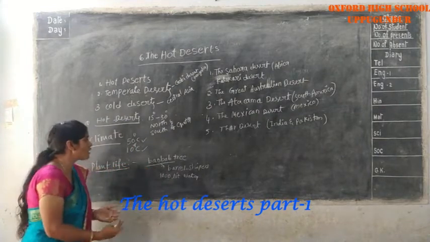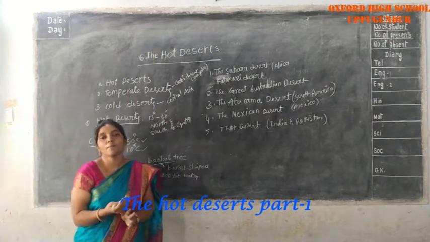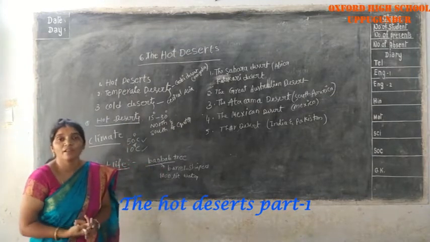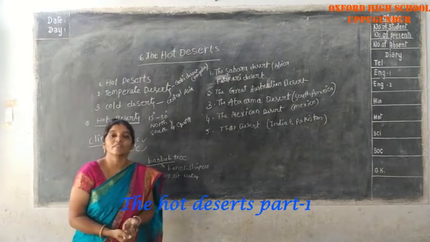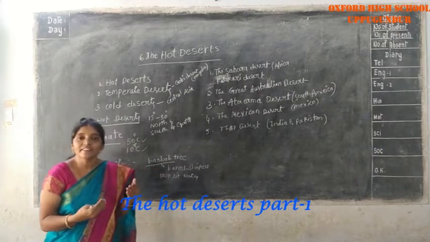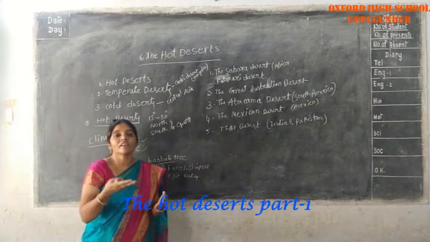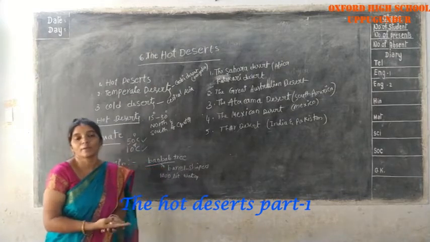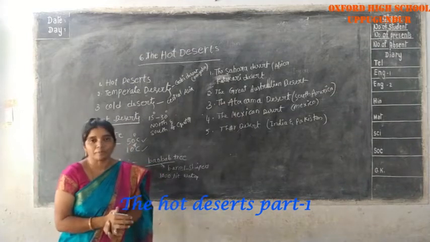But in those extreme climates, some trees survive with a small amount of water throughout the years. In the desert there is a scarcity of water. Where there is an oasis or some water body, plants grow.